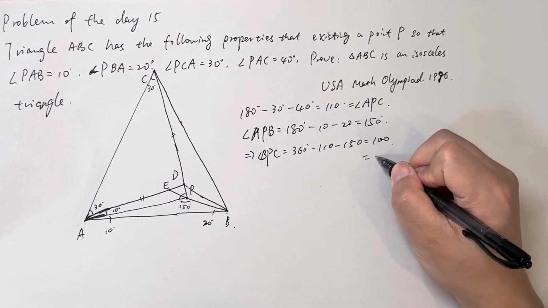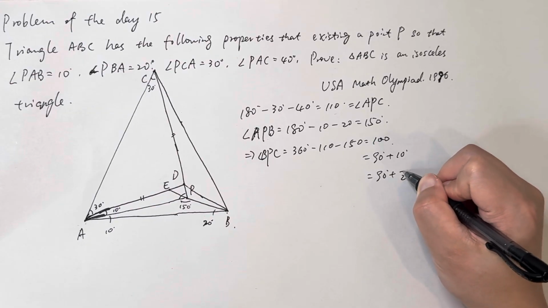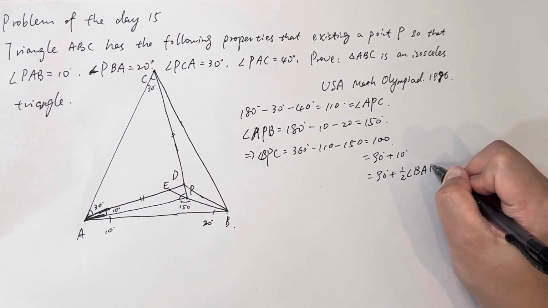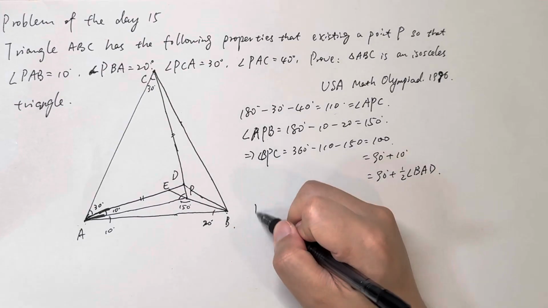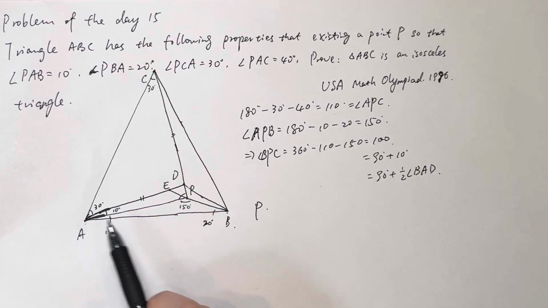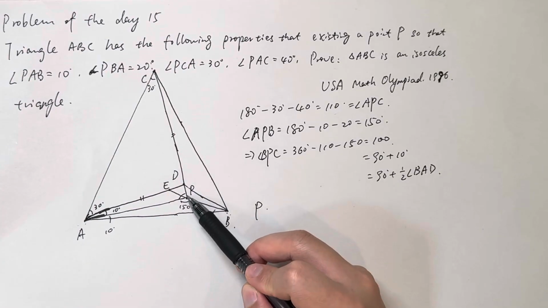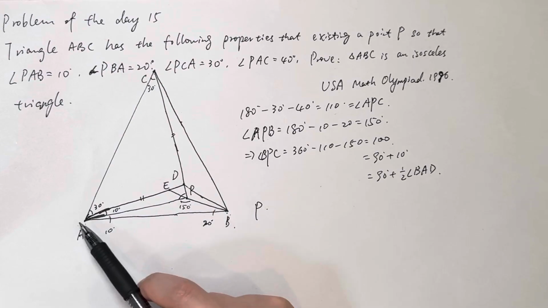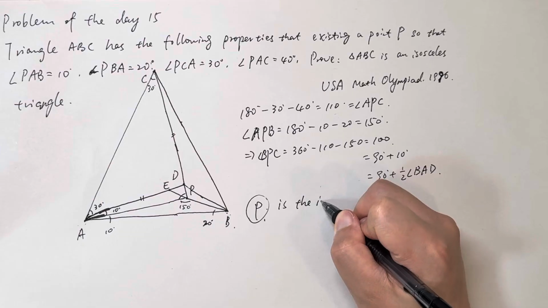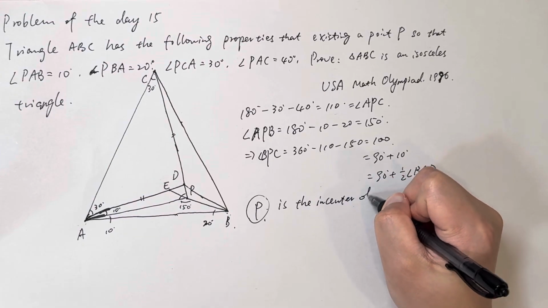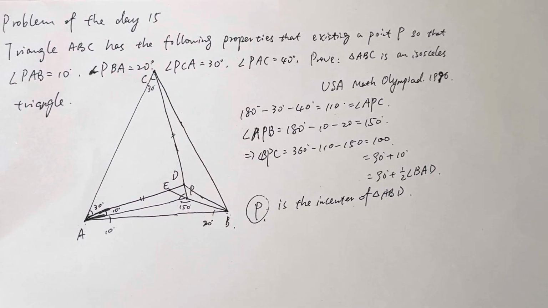So which equals to 90 degrees plus 10 degrees equals to 90 degrees plus half of angle BAD, right? That means point P. See, AP is an angle bisector, and angle BPD equals to 90 degrees plus half of angle BAD, which means point P is incenter of triangle ABD, right?